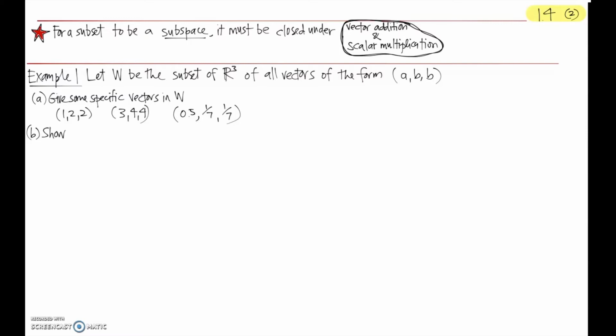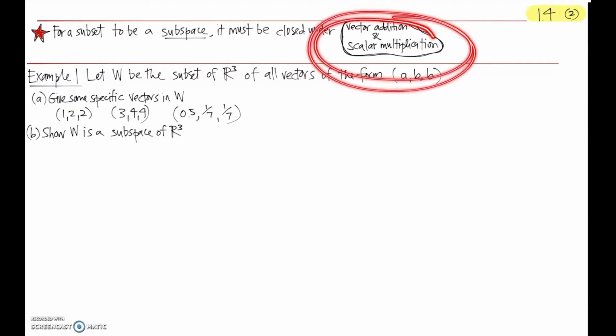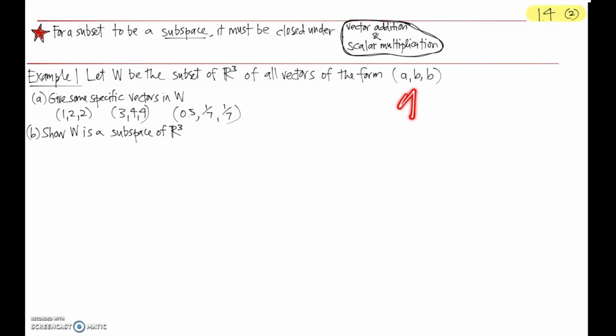Show that W is a subspace of R3. It's definitely a subset because it's sitting inside of R3. But to show that it's a subspace, we have to prove that it's closed under vector addition and scalar multiplication. So these types of vectors.